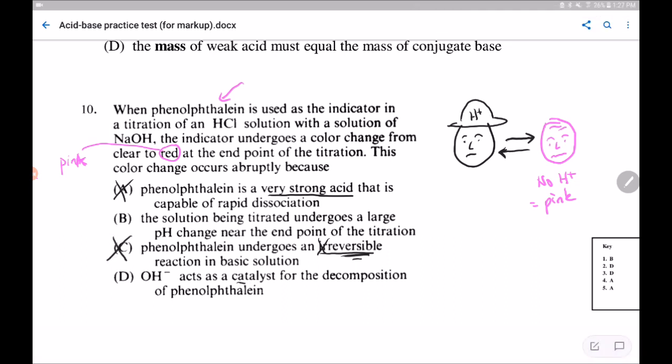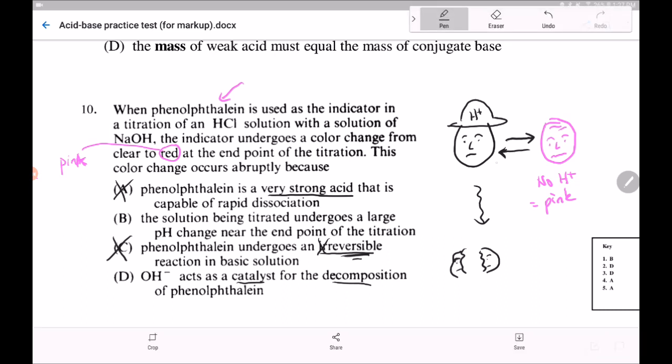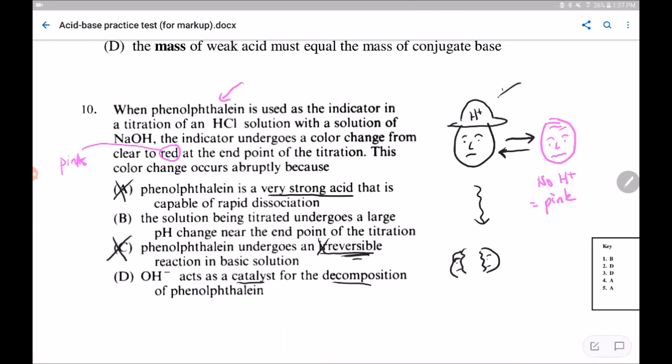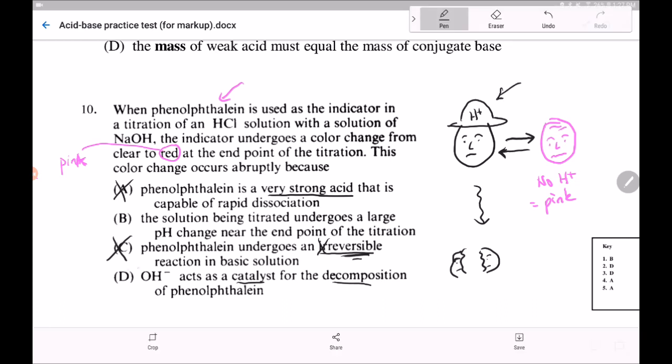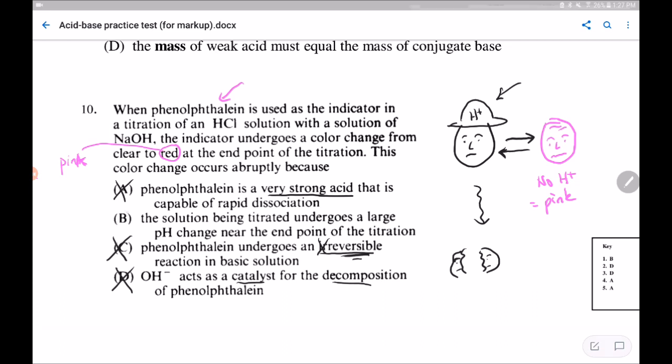And this last one here, catalyst for decomposition, would mean somehow the molecule is destroyed. And that doesn't happen. You know that. The molecule is just changed by one H plus. That's the only difference. Completely reversible reaction. So the only choice left is B.